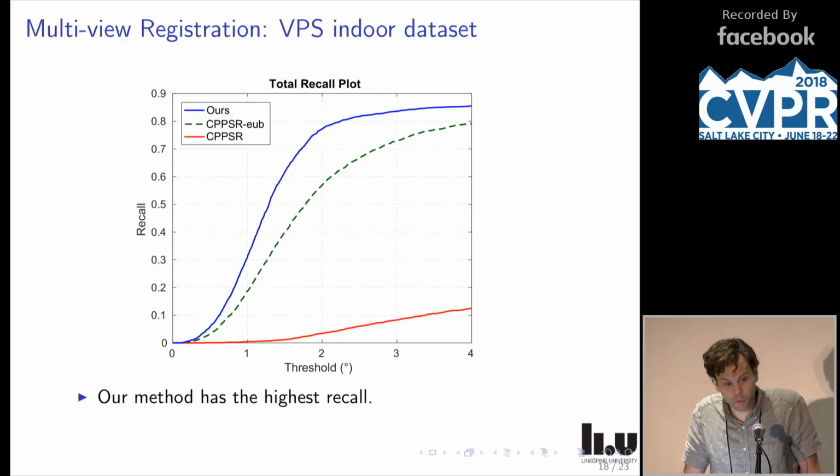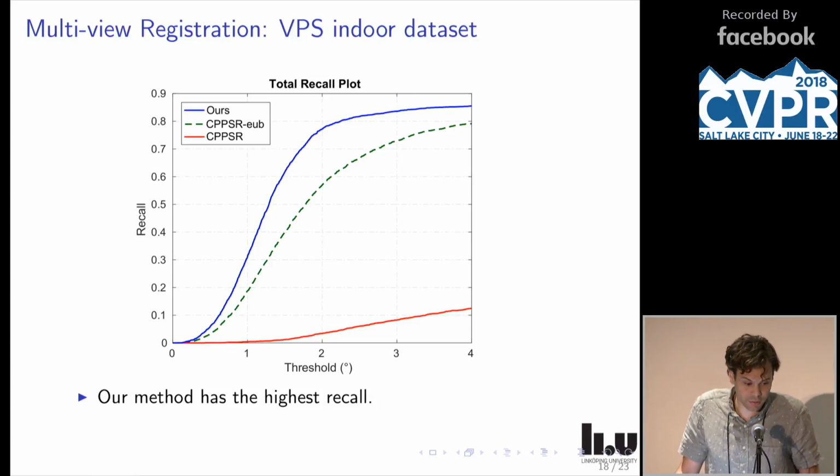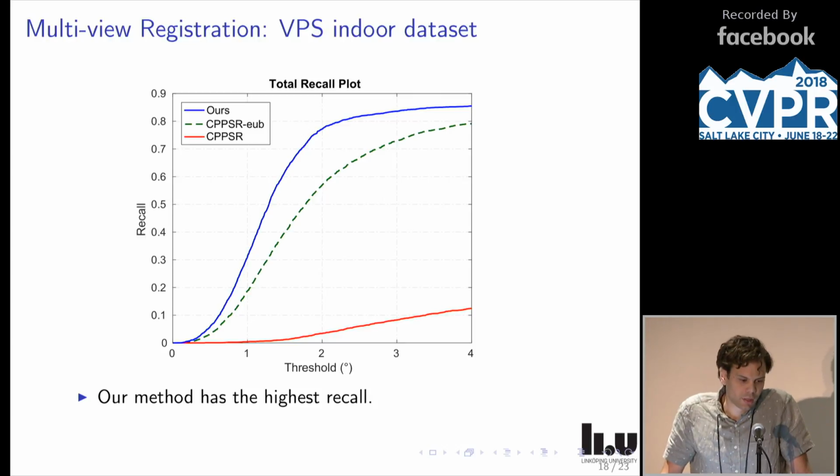If we perform resampling, we get the result on the dashed curve. However, resampling required significant tuning to obtain this result, and regardless of that, we still managed to have the highest recall on this data set, which is the blue curve. We show more examples and more comparisons in the paper if you're interested.